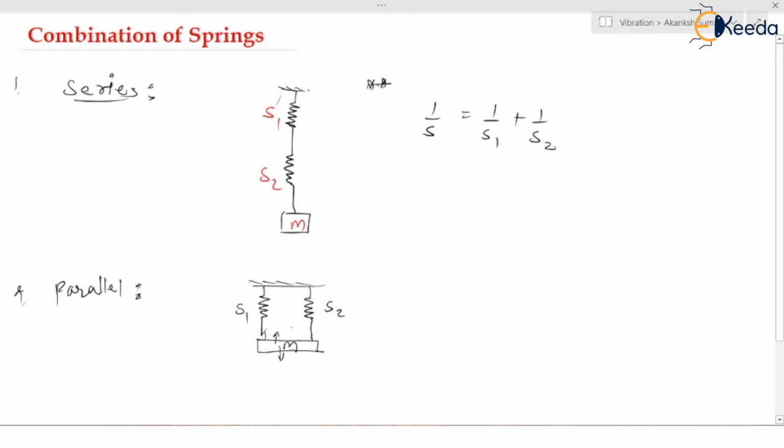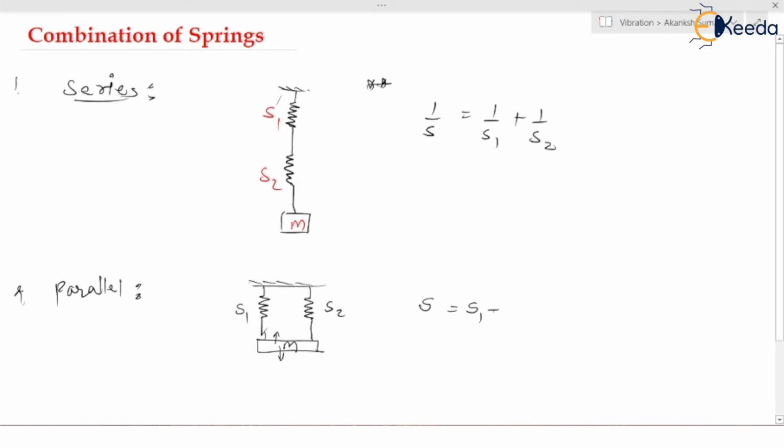These are springs in parallel to each other. So when you move this block downward, there will be extension in both springs by the same amount, because both will extend up to the same limit. So there will be the same extension and the same compression in both springs.